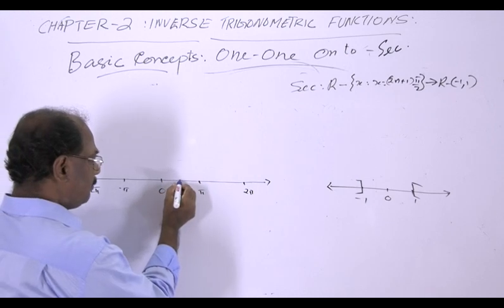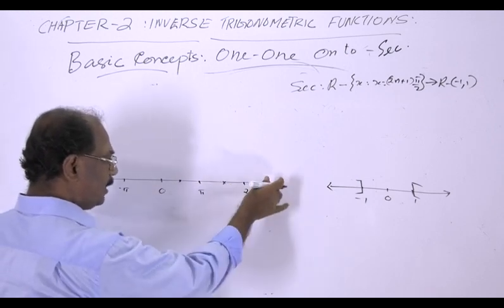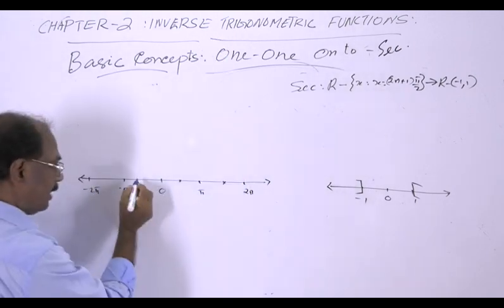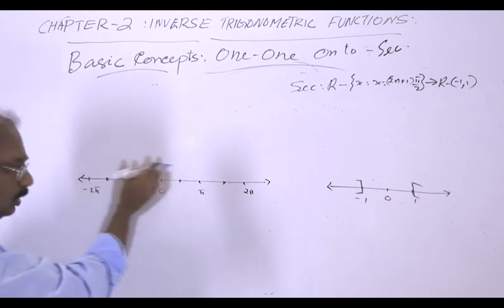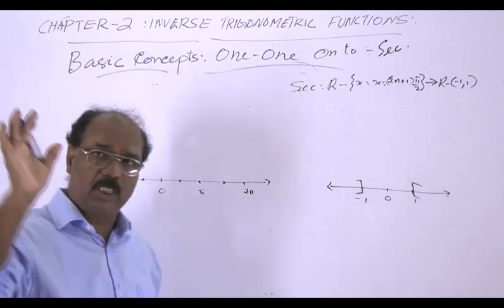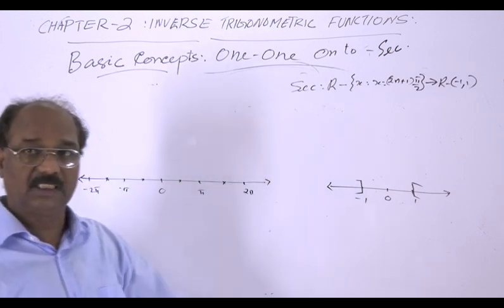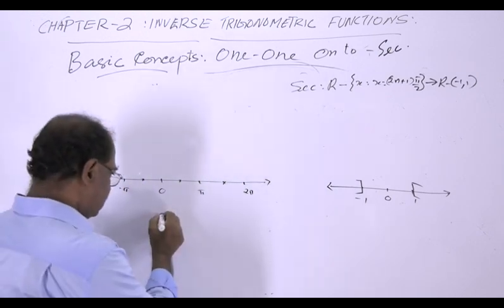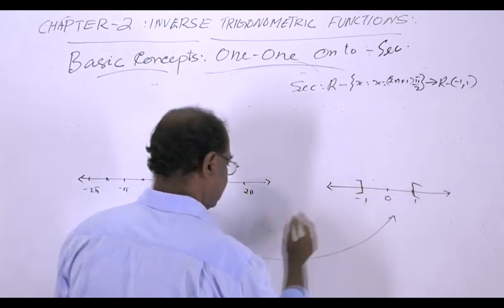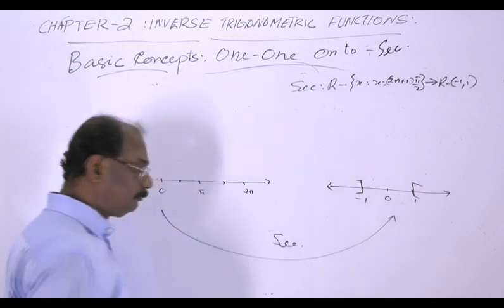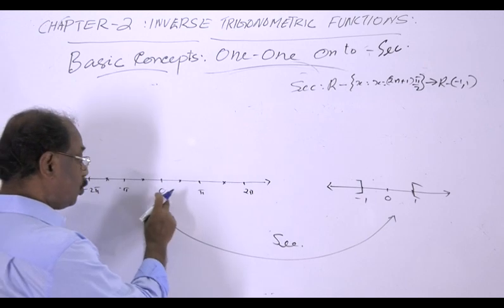So here comes pi by 2, excluded, 3 pi by 2, excluded, 5 pi by 2, excluded, and minus pi by 2, minus 3 pi by 2, excluded, and so on. The remaining will be this. So the secant function is from this domain to this range.